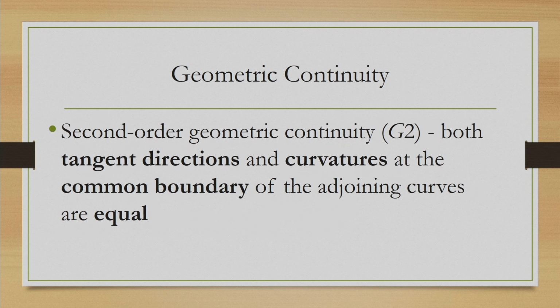Second order condition or G2 indicates that both tangent direction and curvatures at the common boundary of the adjoining curves should be equal. Again, we can go on like this up to any order, but since we are mostly concerned with cubic polynomials, up to G2 should be sufficient for our understanding.